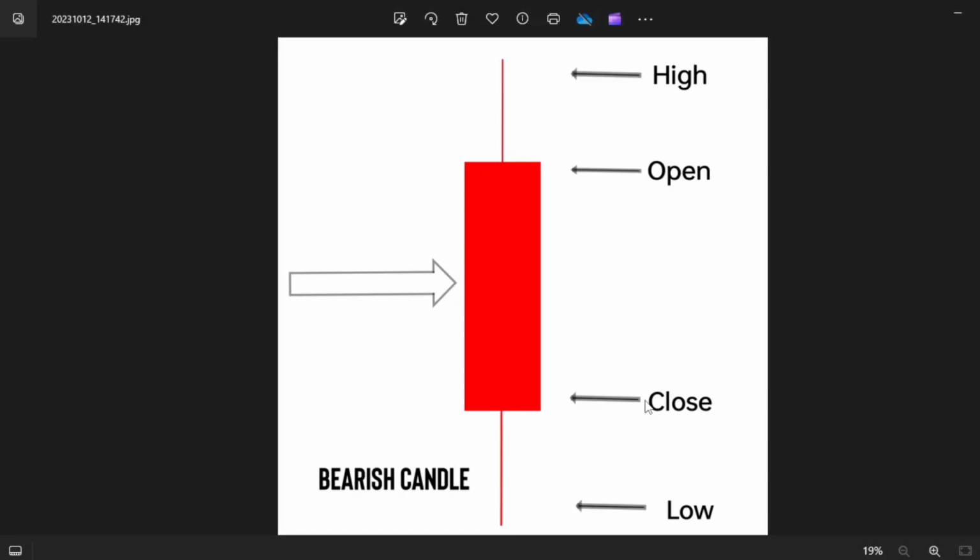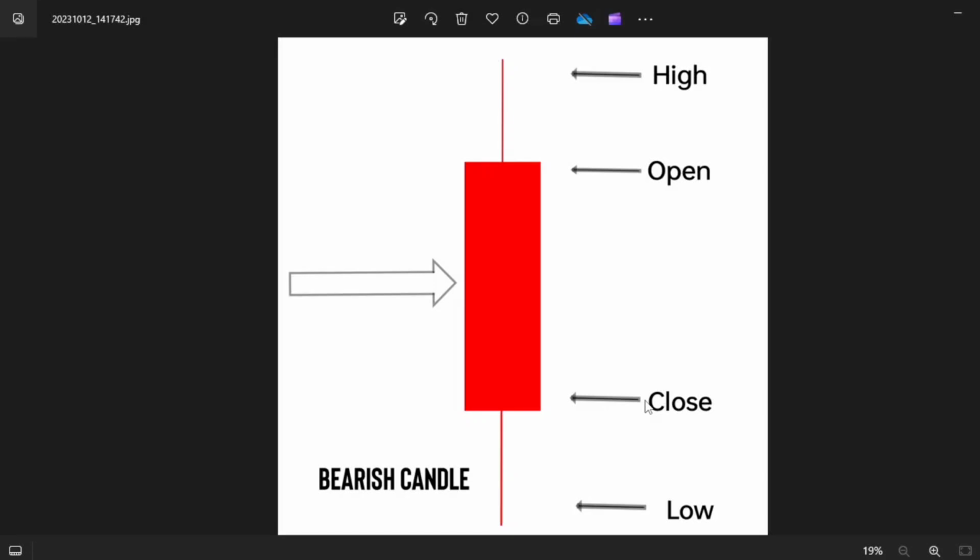Many traders only focus on the color. Whenever they see a green candle, they'll call it a bullish candle. Please, the color is not the most important thing, because sometimes you will see a red candle and it will be signifying a bullish movement depending on where it's being formed.